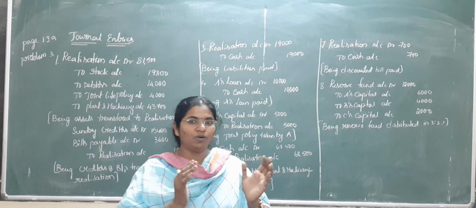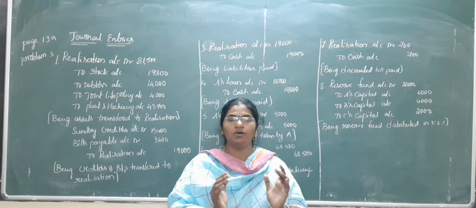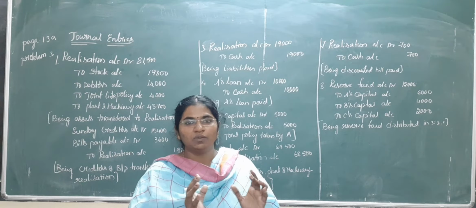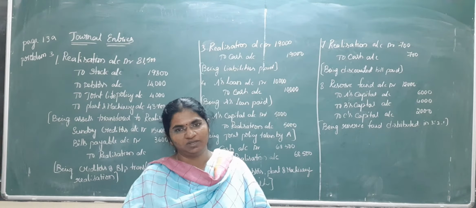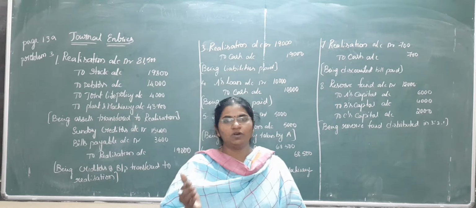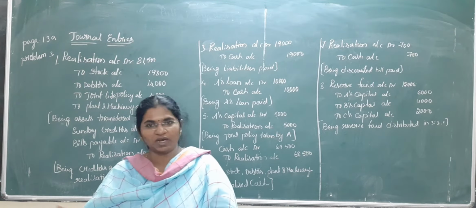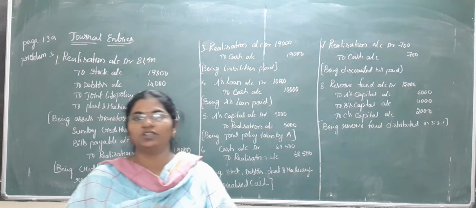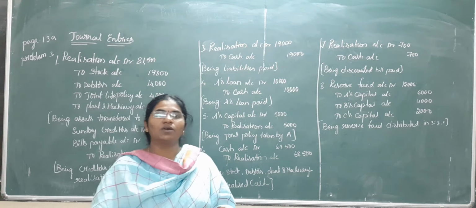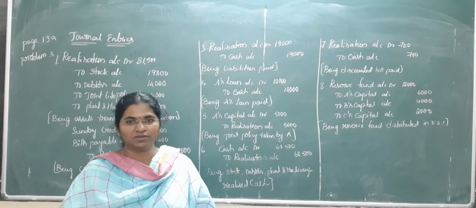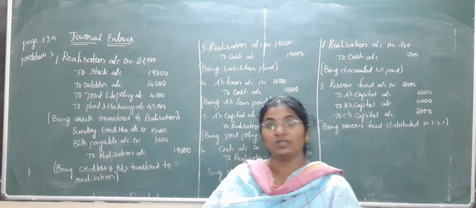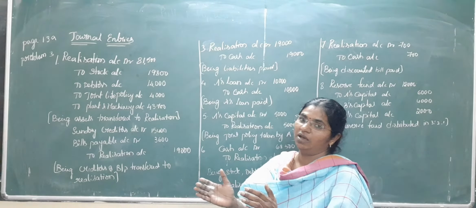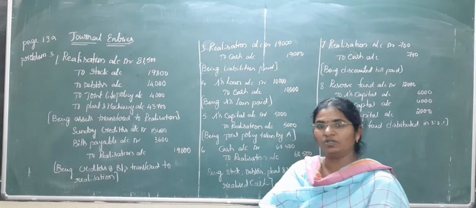And when we are closing the realization account and partners' capital accounts, we have to write 2 or 3 more journal entries, because the profit or loss on realization should be transferred to the partners' capital accounts. One journal entry we have to write. And while closing the partners' capital accounts, whether the partner has to pay cash or will receive cash from the partnership, we have to write one more journal entry.